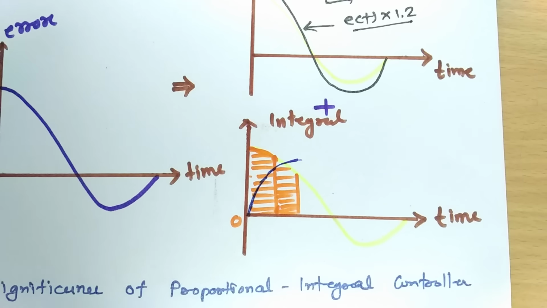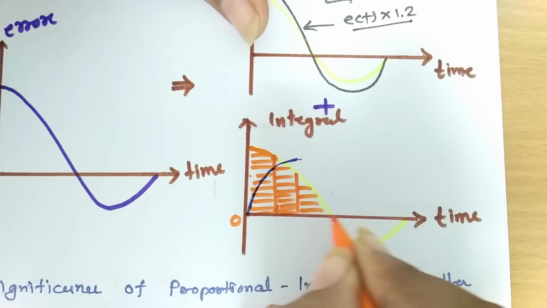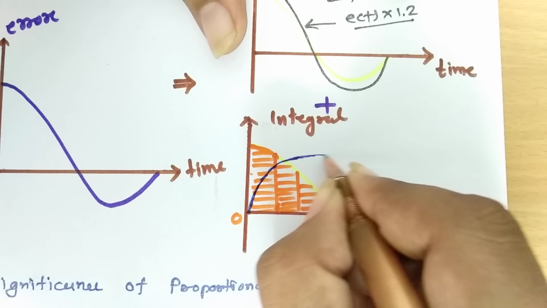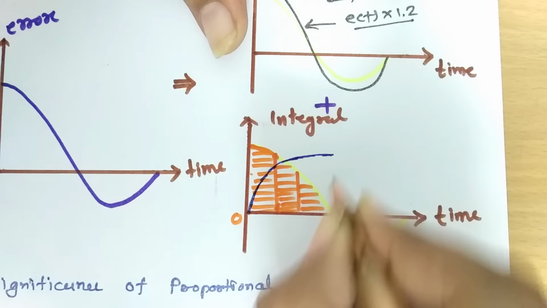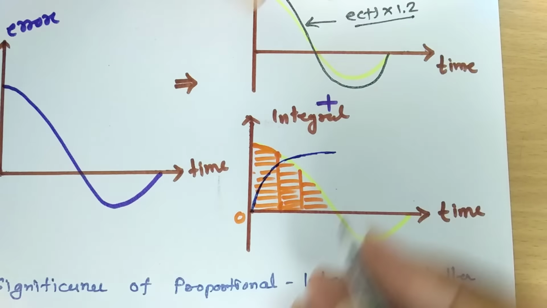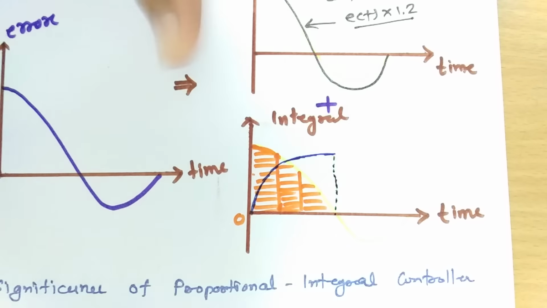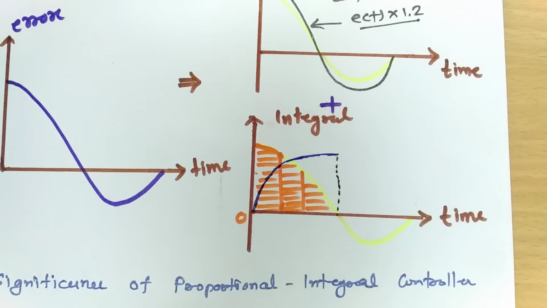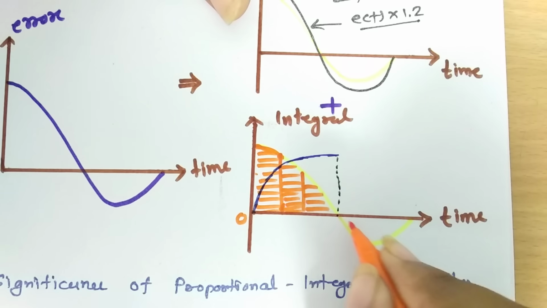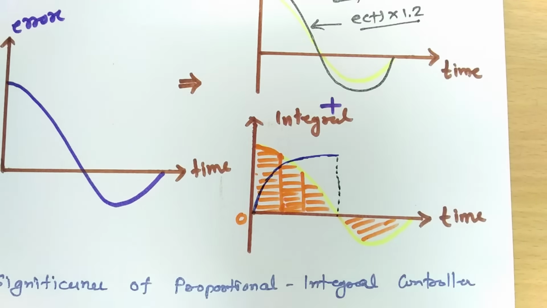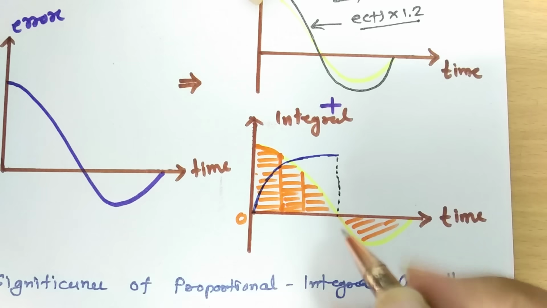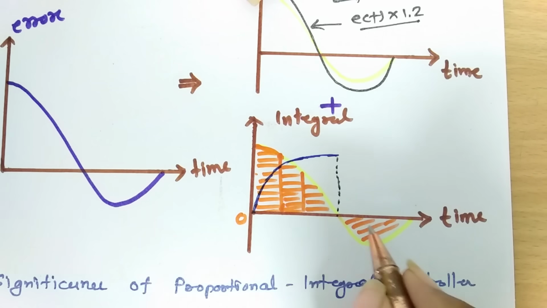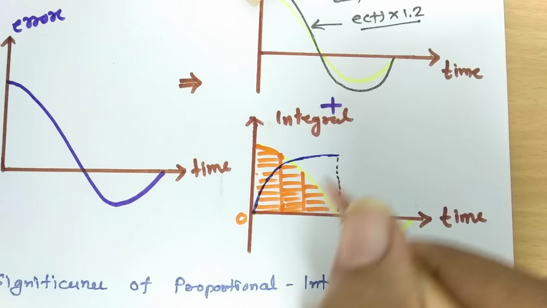Now as area is getting swept up to positive, one can see this integral error that is increasing up to this. So this is what I can conclude, up to positive, integral part of controller output, that is what increasing like this. Now what happens is, as area is negative, now integral part, that is what now start to decrease. The reason is addition of negative area to previous value, that will result into decrease in this ultimate magnitude.